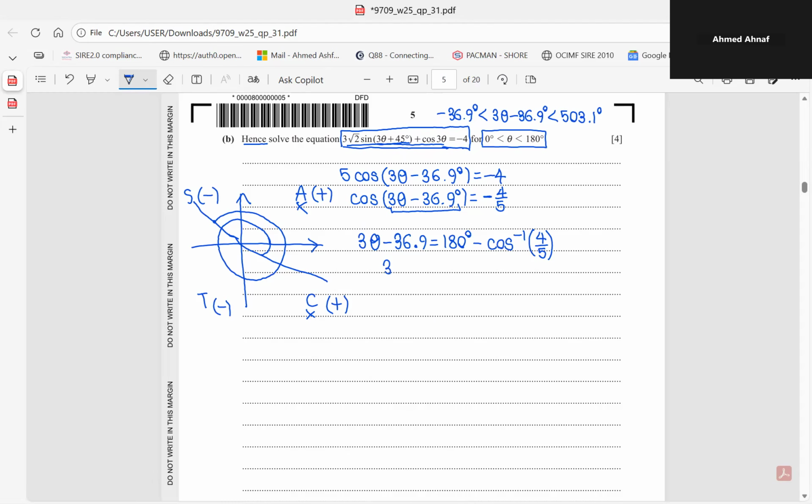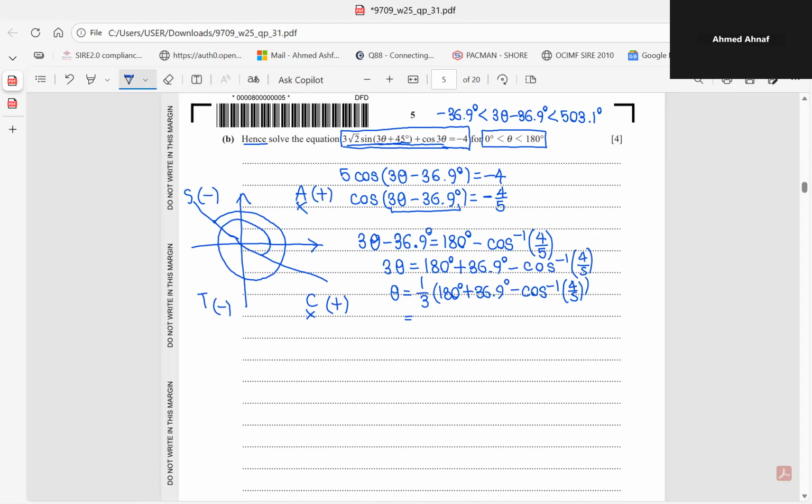So 3 theta equals 180 plus 36.9 degrees minus cosine inverse 4/5. And then you divide by 3 on both sides, you get 1/3 times 180 degrees plus 36.9 minus cosine inverse 4/5.